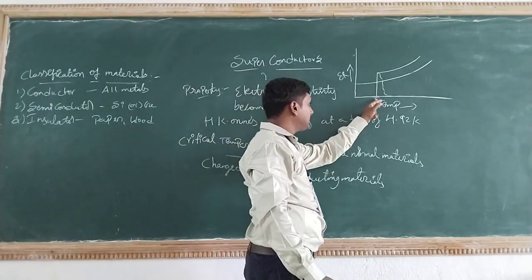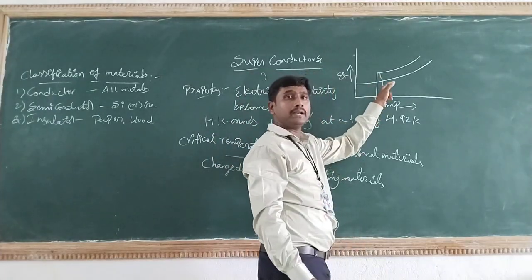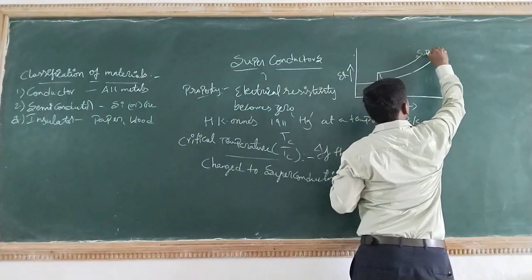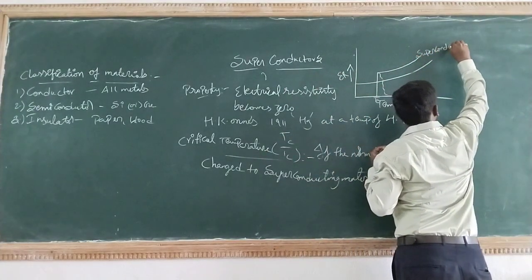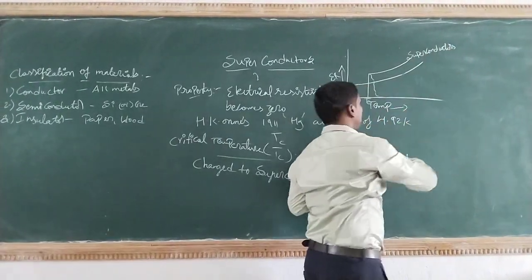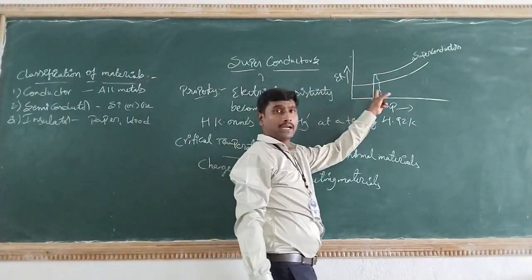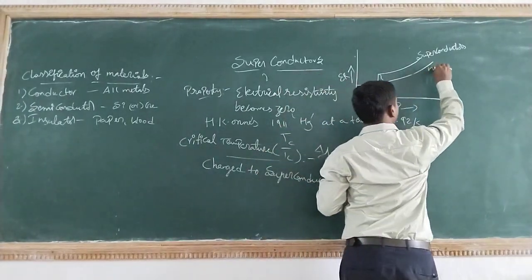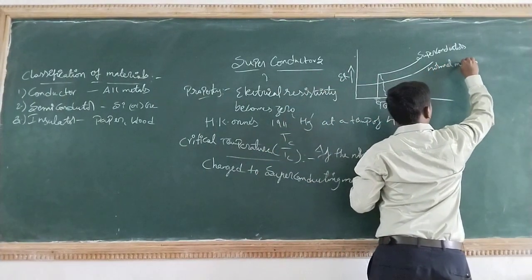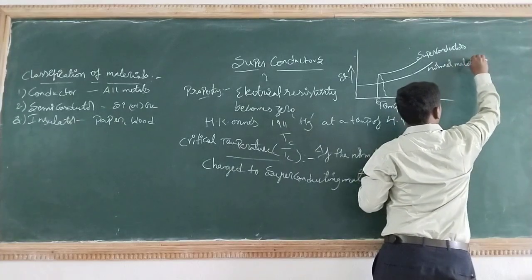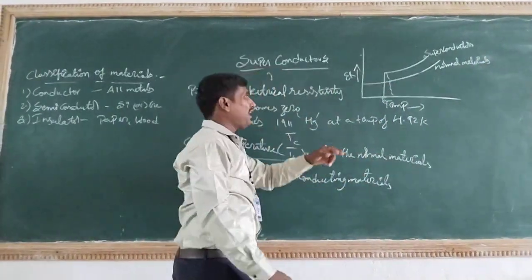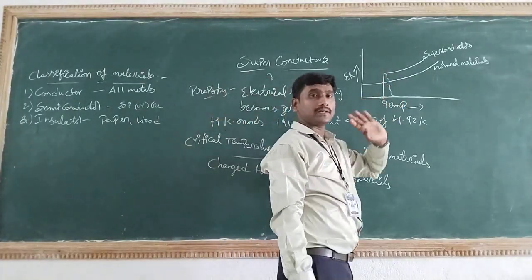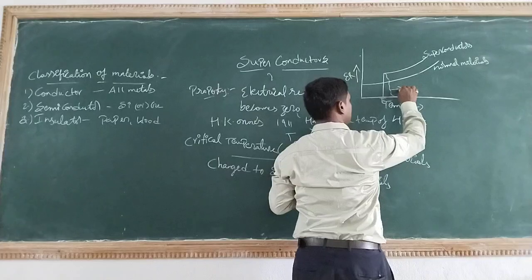That means at this temperature the material shows the superconductivity property. So these are called superconductors. And if the graph is obtained like this, then those materials are called normal materials. If the graph is obtained in an irregular manner, then those materials are called impure superconductors.